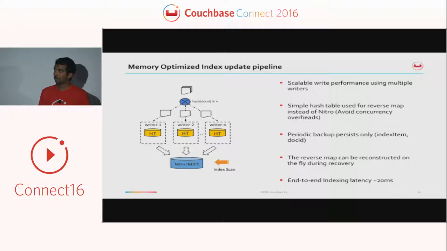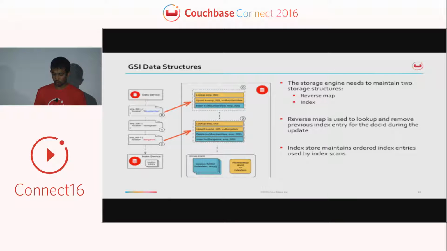And during the backup, we also persist only the actual data. We don't persist both the main index and the reverse map. That means we can reconstruct these data structures on the fly during recovery. You might have noticed here that both the main index and the reverse map actually have the same data, document ID and the index item, but in a different layout.